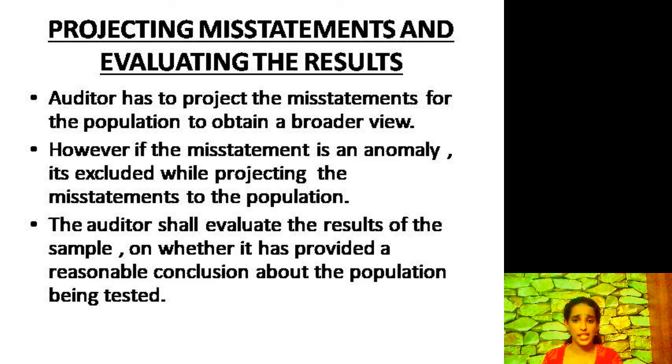So we have seen what is sampling, different terms associated with sampling, and the different approaches to sampling, statistical and non-statistical, and different techniques of sample selection. Different techniques included random sampling, systematic sampling, monetary unit and haphazard sampling.